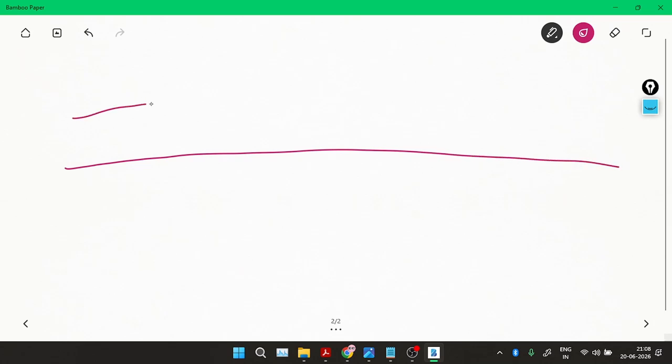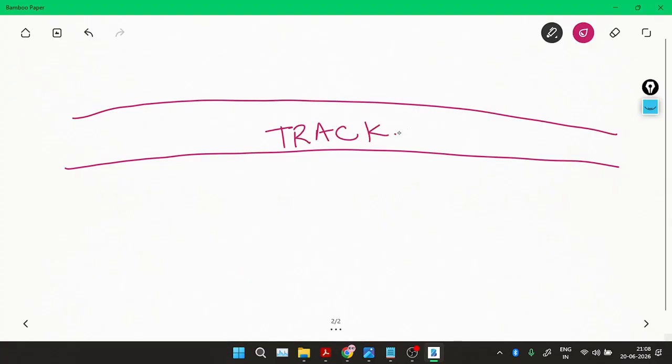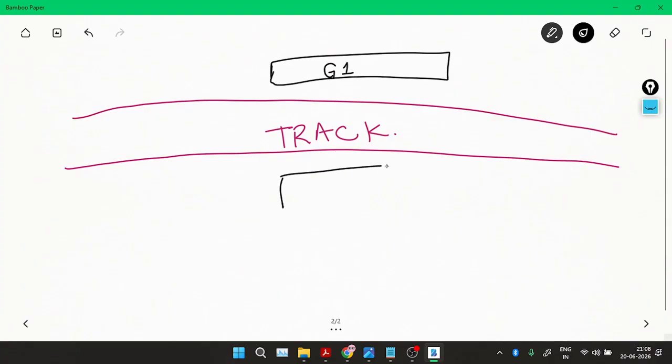Now, if I am able to draw this properly, you will be able to understand. What I'm going to do is, this is the railway track. I will change the color, I will go for the black. I am keeping a gate here, G1, and a gate here, called G2.